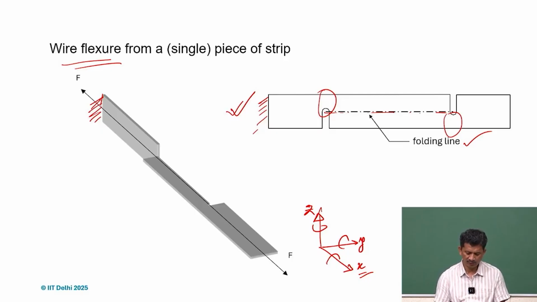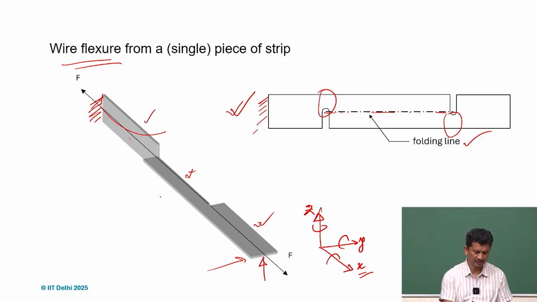If you try to move in the y direction, if you give this force, this is stiff, this is also stiff, but this can easily bend. So it's a compliant member. What happens if we have the force in the z direction? What we realize is, this is stiff, this is stiff, but then this can flex, or the other way around, we can say it can flex this way.